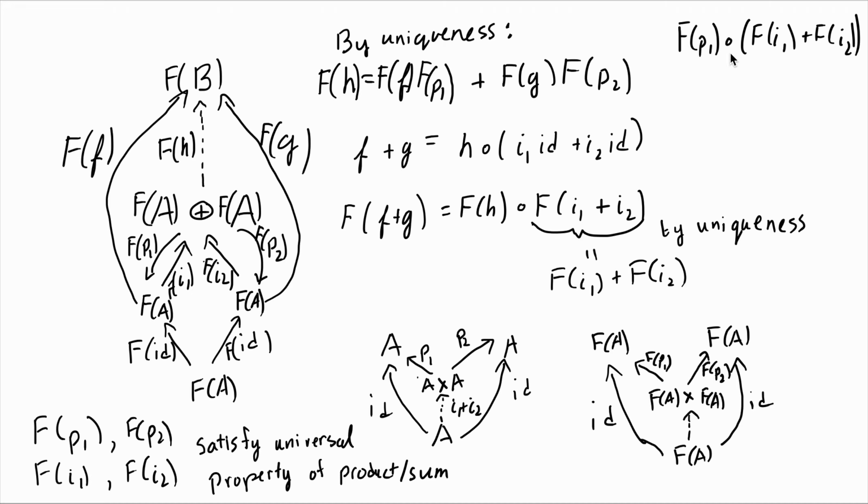F of P1 comes in. When it distributes to this part, you're going to get the 0 map, because a different projection with a different inclusion will give you 0. And then this one right here will give you actually the identity map. Hey, that's the identity map coming up here.